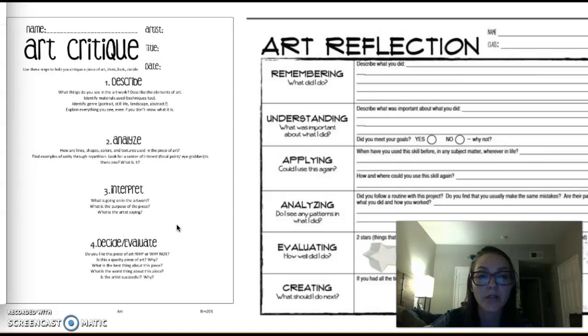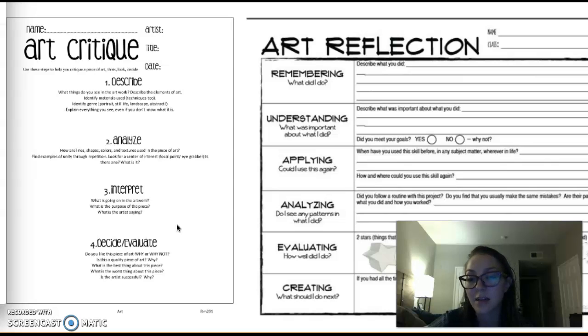We have a couple different categories here, the first being describe, analyze, interpret, and decide and evaluate. When the students answer these questions based on their own works, they're able to walk themselves through a metacognitive process, thinking about their thinking process, analyzing why they chose to make the decisions that they did within their artwork, their subject matter, and their final product.